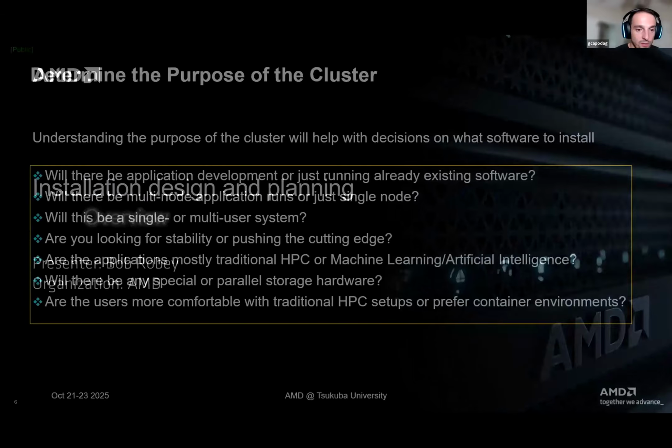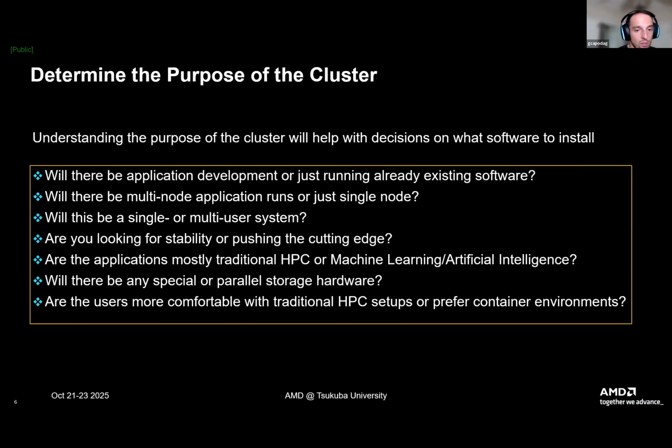In terms of the overview, there's always the question about who is going to be using the system and what usage it will have. Is this just going to be single node or multi-node?